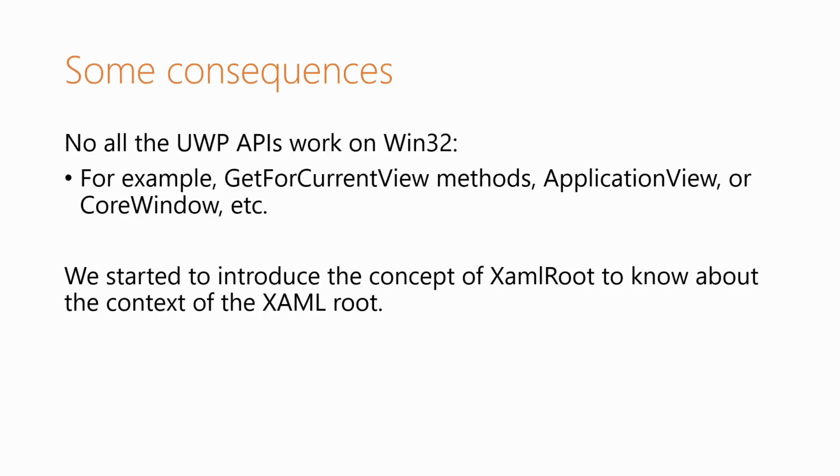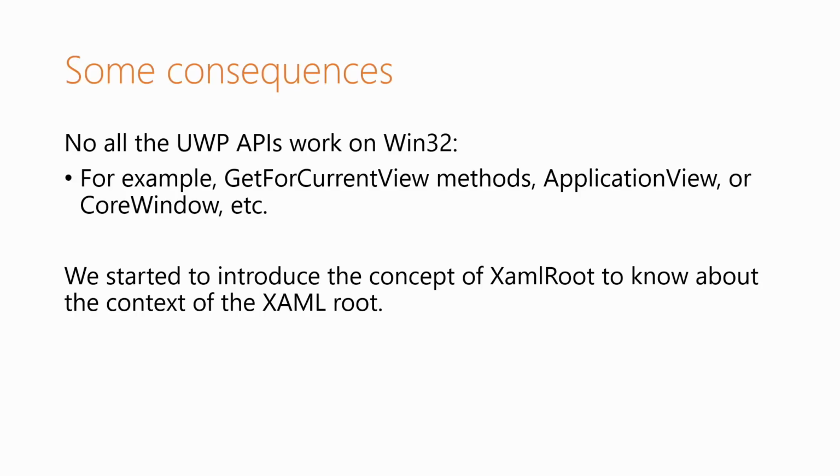So what that means is that making WinUI 3 work in Win32 has some consequences. Some consequences are that the UWP APIs are not going to work in Win32, because again it's just making the WinUI 3 desktop presentation framework work in Win32.